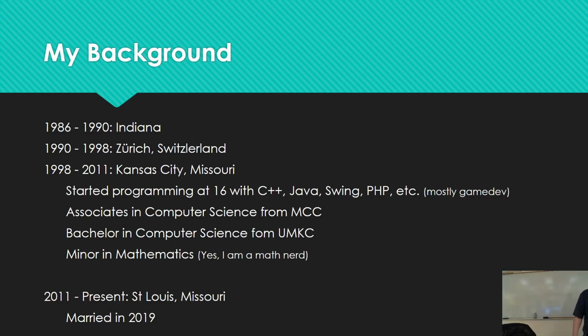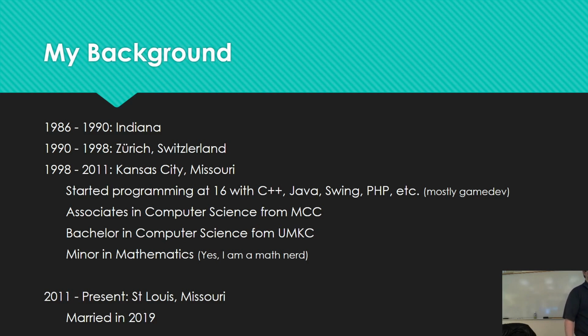As far as my other background stuff, I was born in Indiana, lived there until 1990, lived in Zurich, Switzerland, roughly 7 years. I speak ein bisschen Deutsch. My German is not as good as it used to be, but I did learn a lot of German as I was living there.